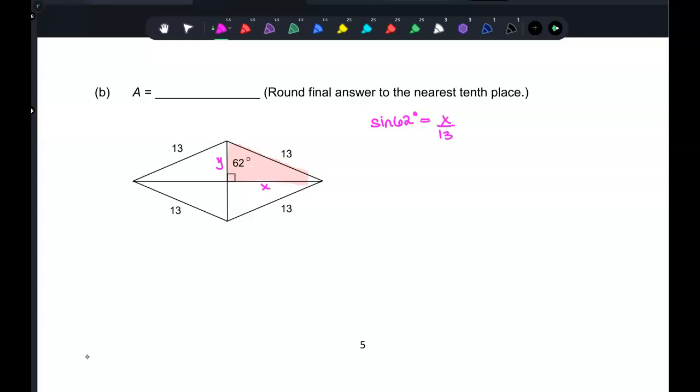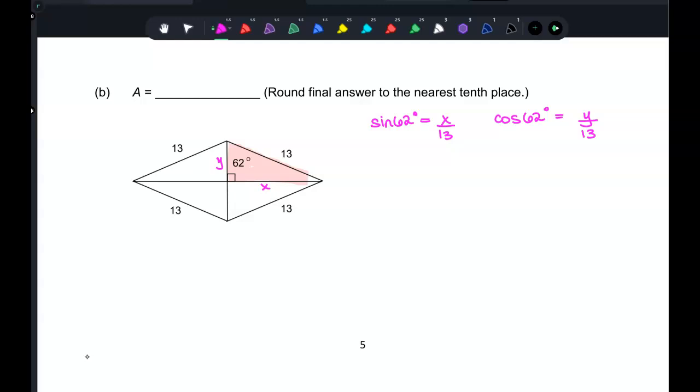And if I'm finding Y, I'm going to do cosine of 62. I'm using 2 different variables because I'm finding 2 different lengths.